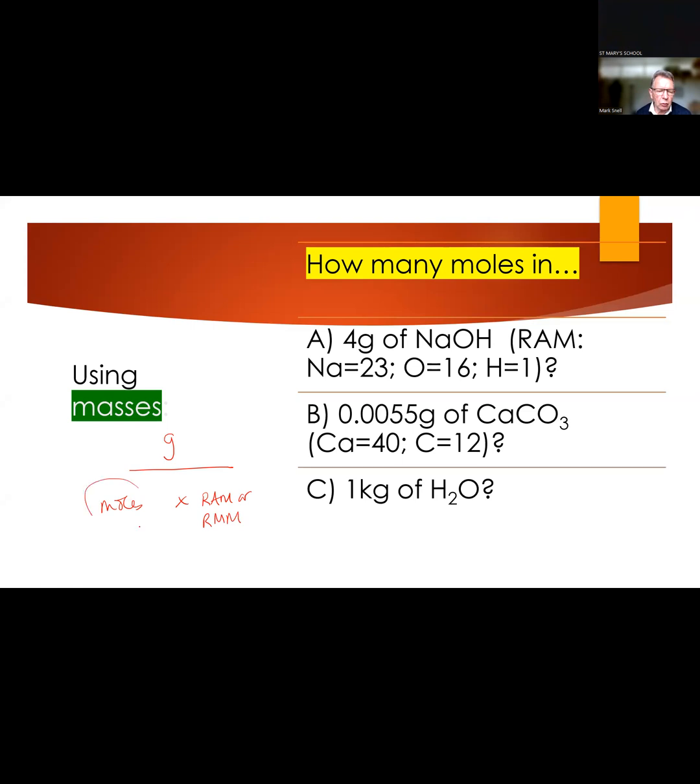Now we want the moles, so moles equals grams over the RMM or RAM. Okay, so 4 grams of NaOH, and it says Na weighs 23, O weighs 16, 1 hydrogen weighs 1.